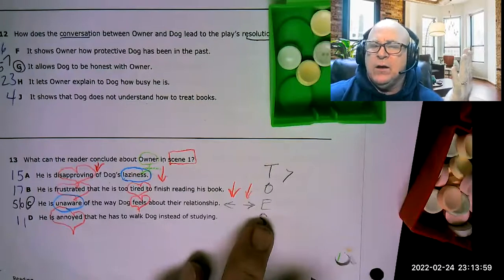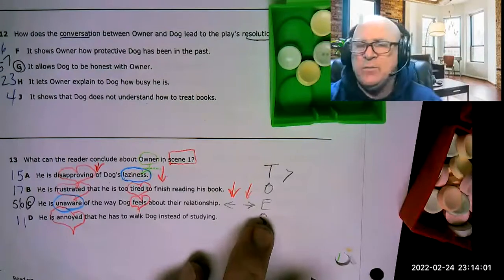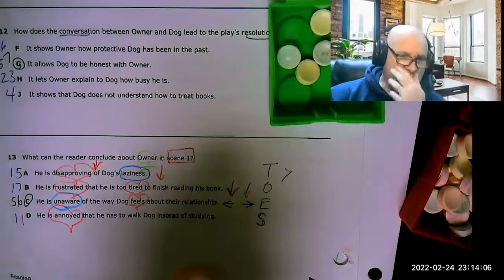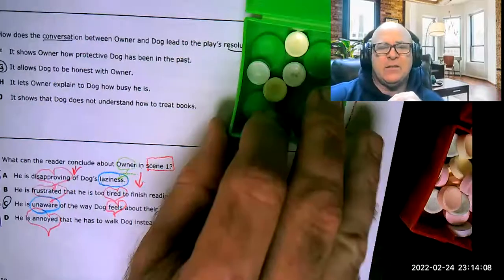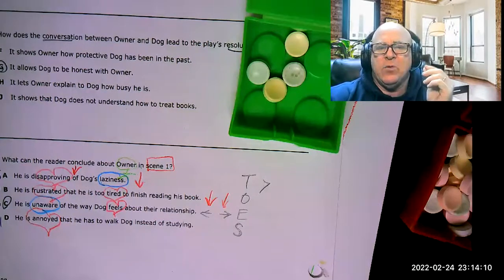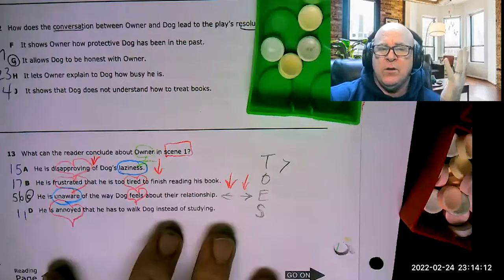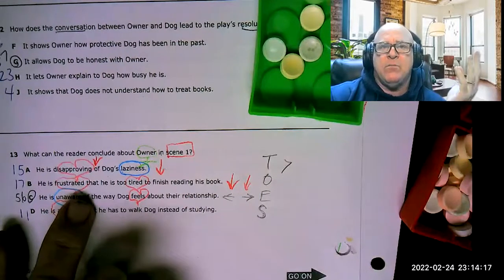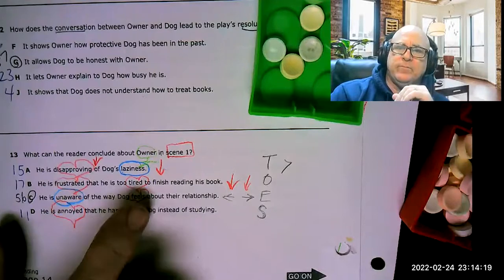And by reading just a little bit of scene two, what we'll call the pants, it's most likely that he's unaware, not just that he doesn't know how the dog feels about the relationship. And as in most cases, a dog is man's best friend, and hopefully you'll get to read the rest of the play with your students.